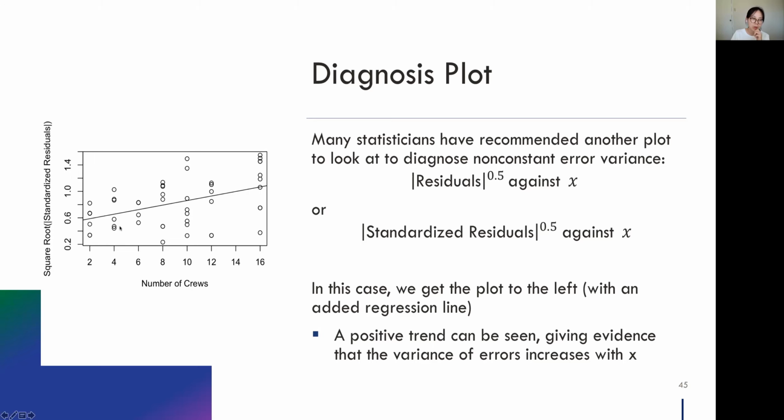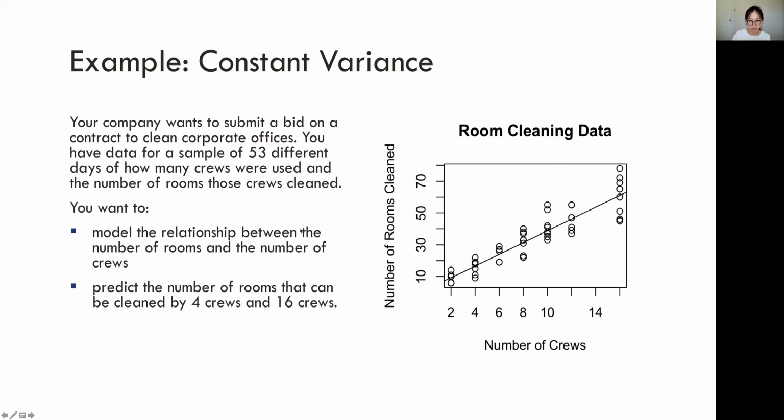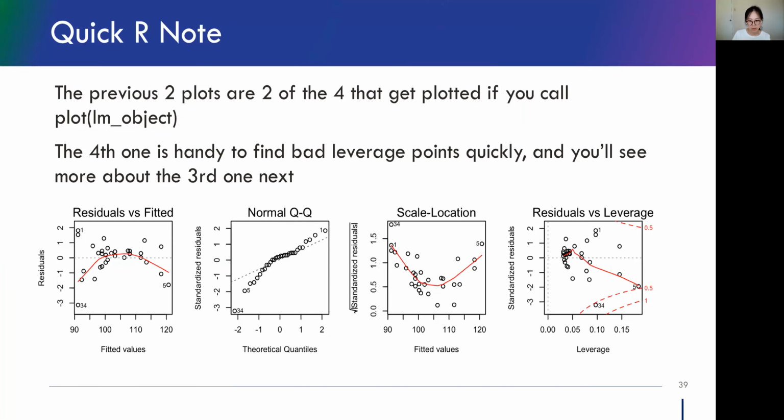This is what you will get from R. It shows you the square root of the standardized residuals. Many statisticians have recommended using the standardized residual instead of the residual. That's why I showed you this.